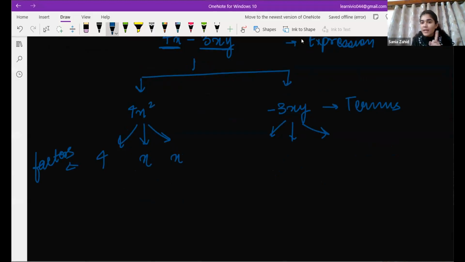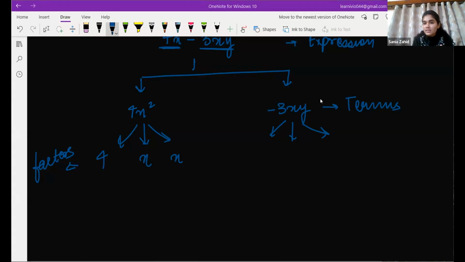And what about minus 3xy? What is minus 3xy composed of? Who will tell me? Minus 3xy is composed of what factors? Minus 3, x and y. Minus 3, x and y. Yeah.